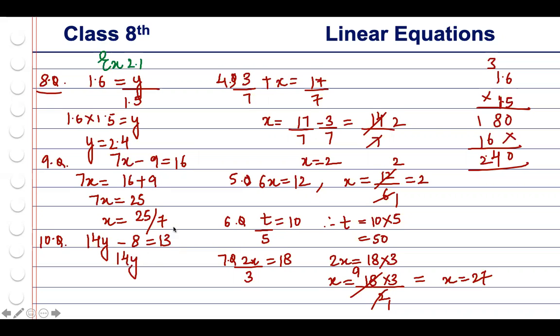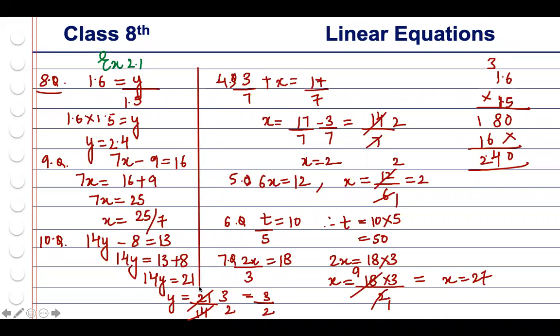When I transpose this 8 to the other side, it becomes plus. 30 plus 8, so 14y is equal to 38. Okay, I'll just draw a partition line. So this was the solution to the 10th question.